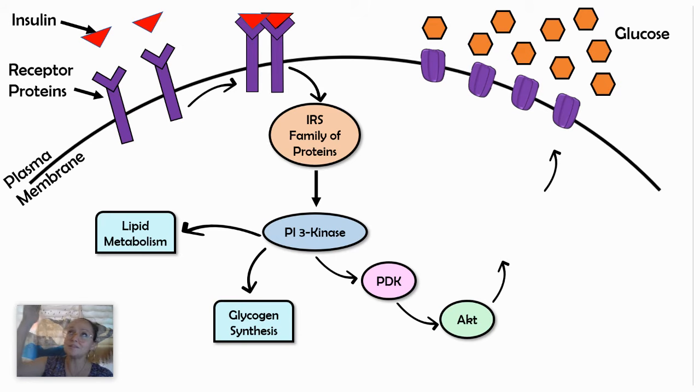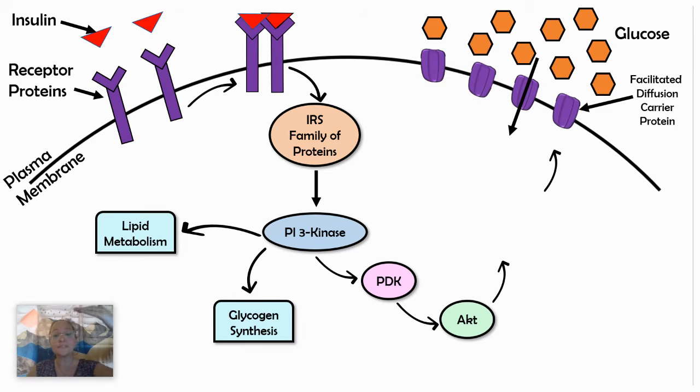So when insulin is received by the target cell in the liver or other cells like muscle cells in the body, one of the responses is to move those protein channels into the cell membrane so glucose can enter the cell from its high concentration to its low concentration. And that's how we take glucose out of the blood.